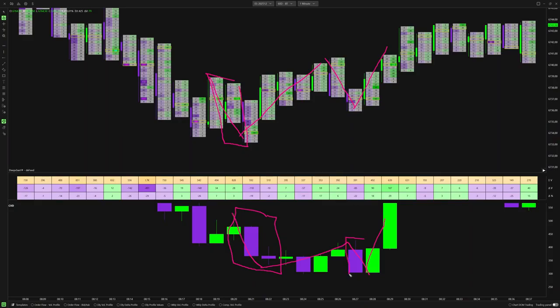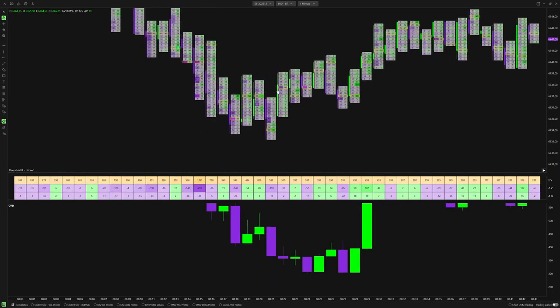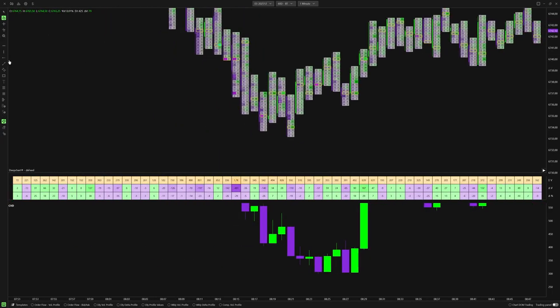And here, a lot of effort did not bring a lot of results. That's an interesting data point because it can tell us that there's a divergence of this low compared to this lower low.